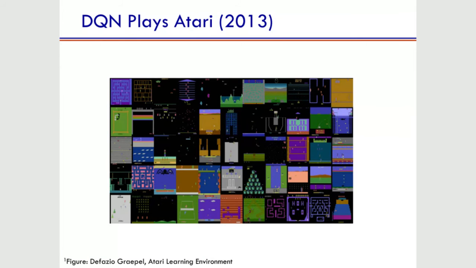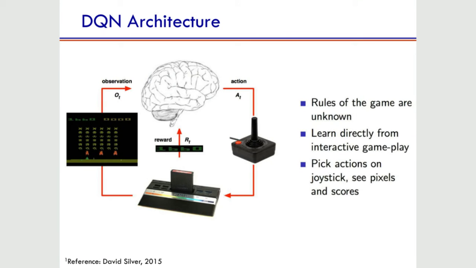Let's figure out some details about this agent that plays Atari. In Atari, the rules of the game are unknown, so the agent doesn't know the rules. In this case, script P and script R are missing.